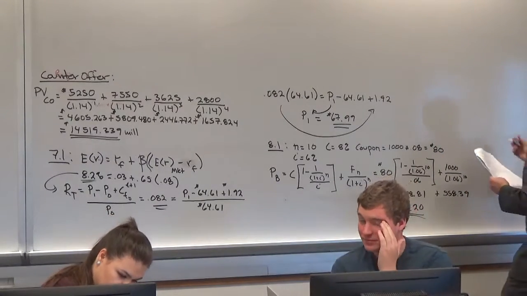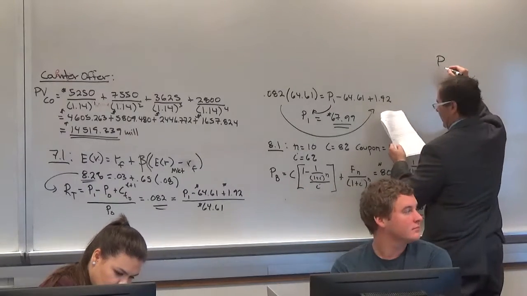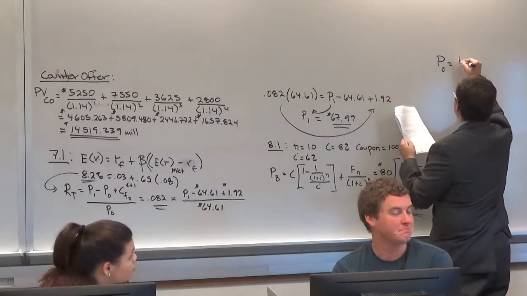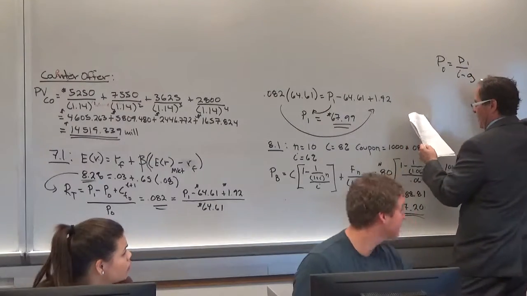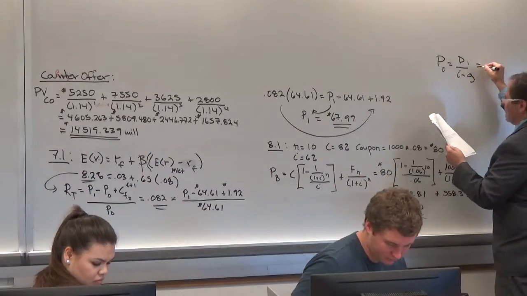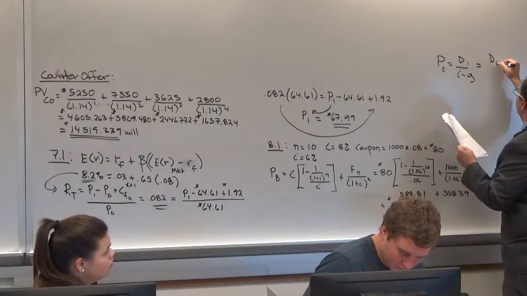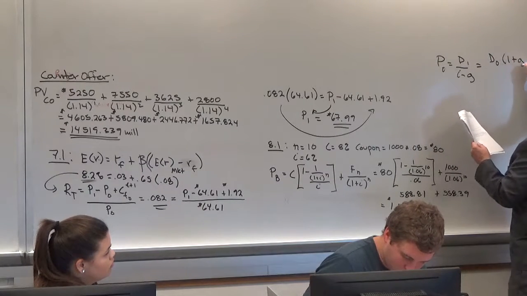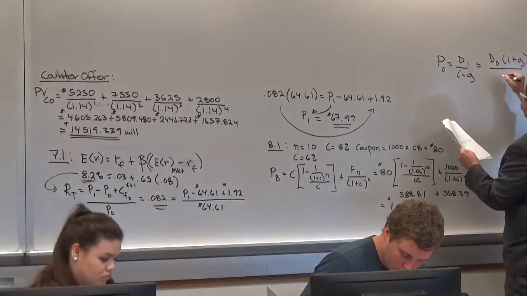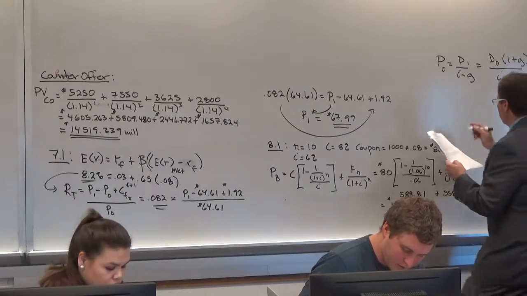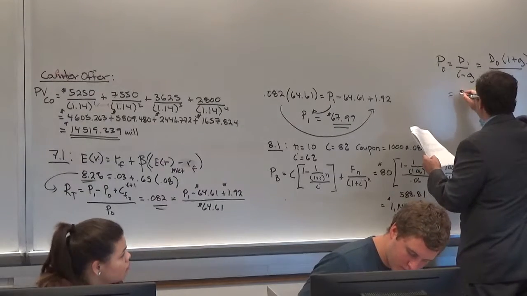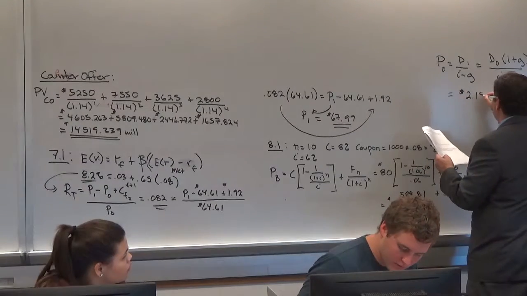So we know that P equals D1 over i minus g. The price is also D0 times (1 plus g) divided by i minus g. To get the price, we know the dividend is 2.15.